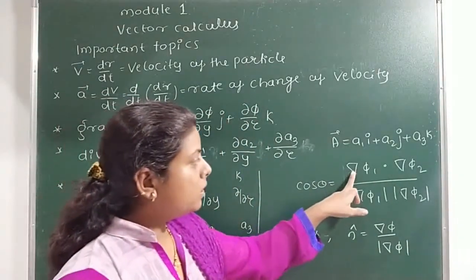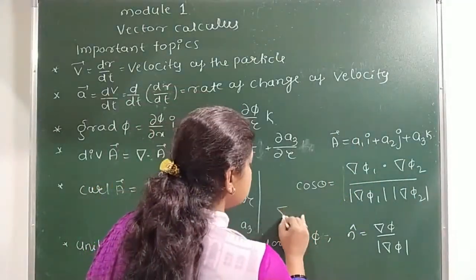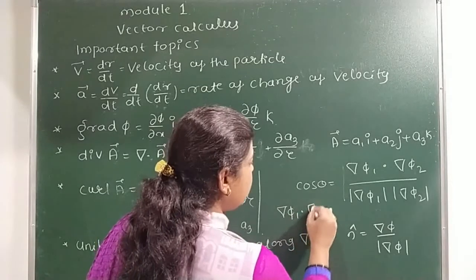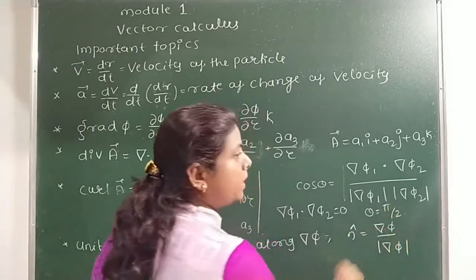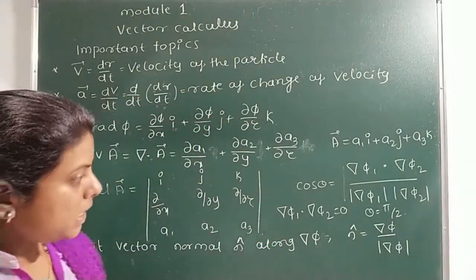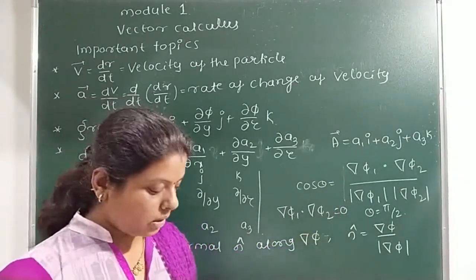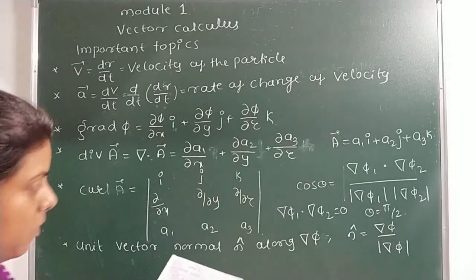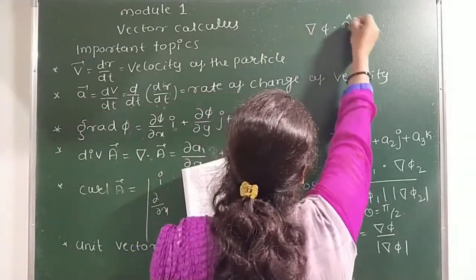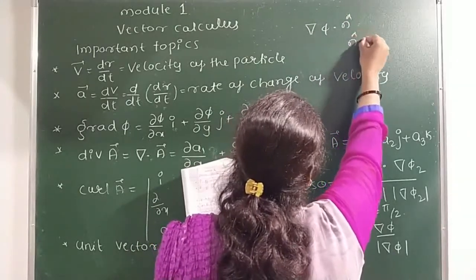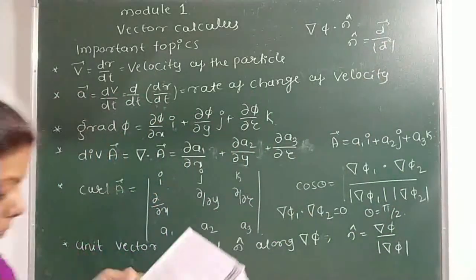If del phi1 dot del phi2 is equal to 0, then theta is nothing but pi by 2, meaning the surfaces intersect at a right angle. The directional derivative is nothing but del phi dot n cap. The n cap is the direction vector divided by the mod of that direction vector.